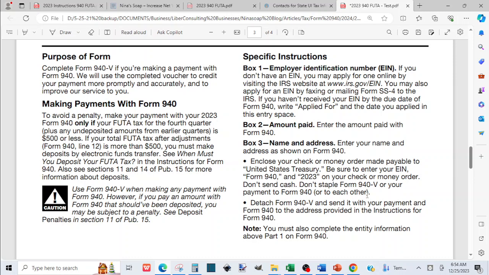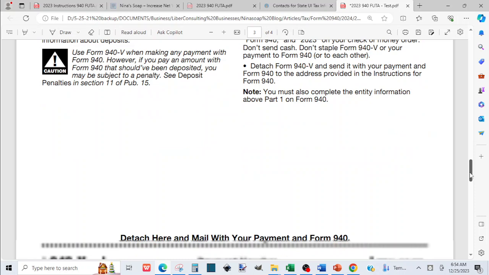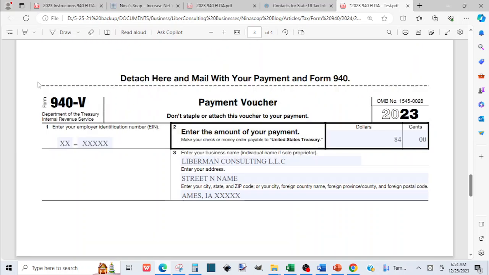What I like to do is use a 9 by 12 envelope, put the Form 940, those two pages, I'll staple them and put it in the envelope, and then I'll take a smaller envelope and put the Form 940 voucher, because that's a small paper, and I will put the check in that envelope.